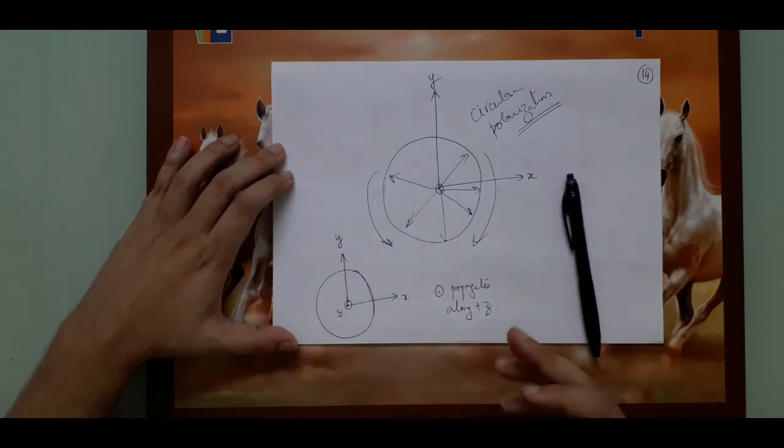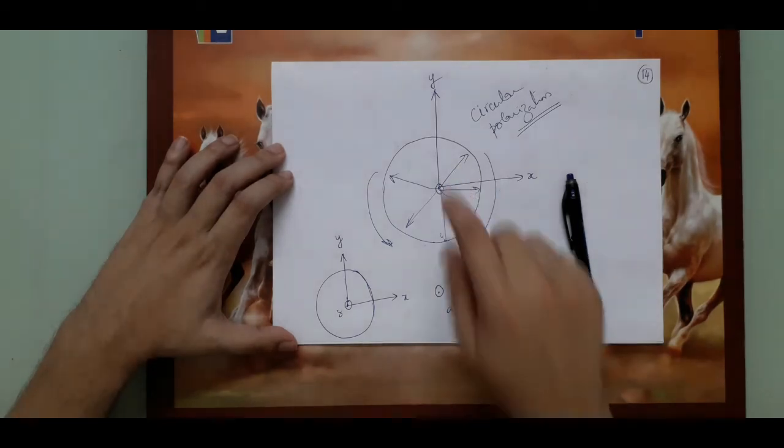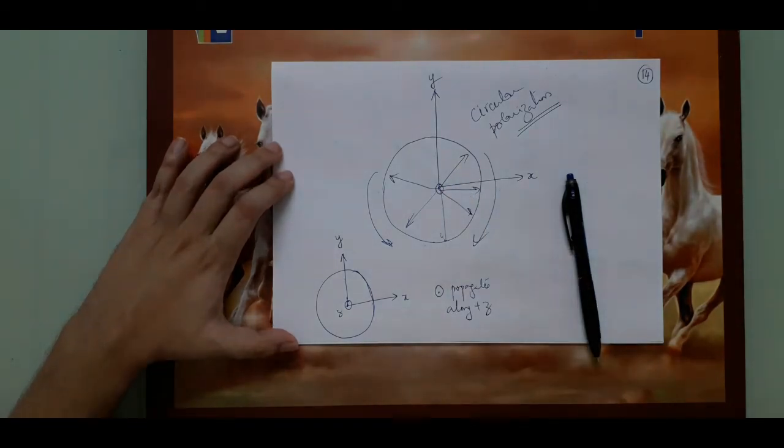But right now there is no need to apply the right hand thumb rule, because we are looking at the electric field only. We are not looking at the magnetic field, so we can just take the product and find out the direction.